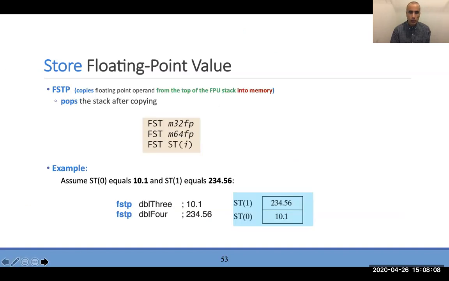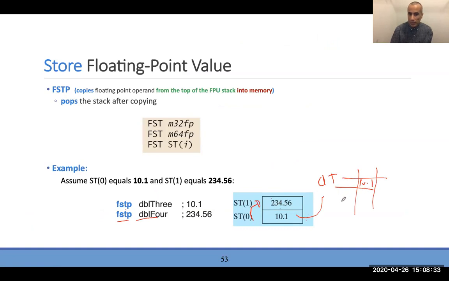So what should we do? We're going to use FSTP. FSTP right here is going to first copy this to the memory, which is D3. So we're going to have 10.1. And after it copies this, it is going to increment. So now the ST0 is pointing here. So when we say FSTP now, it's going to copy what?